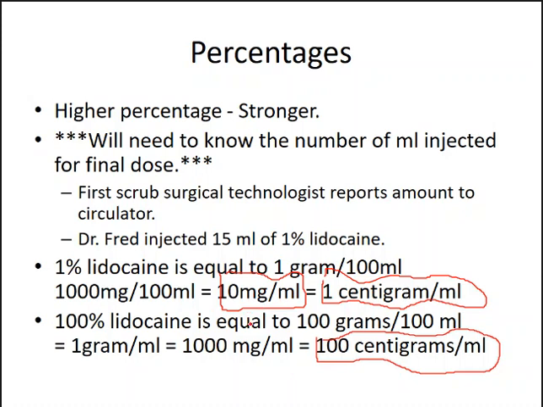But it is 10 milligrams per milliliter. There again, we're not going to necessarily inject a certain number of milligrams. We just need to know how much 1% or how much 2% or how much 0.5% was injected, so that it can be figured out what the total dose was.